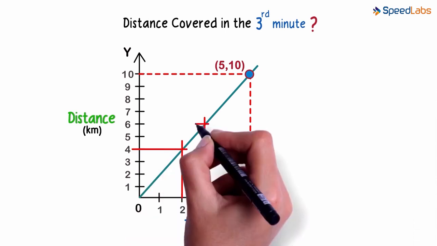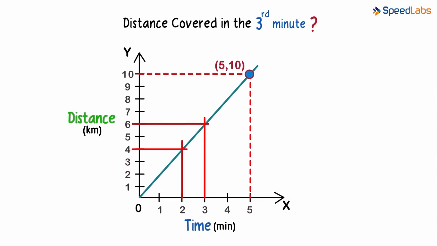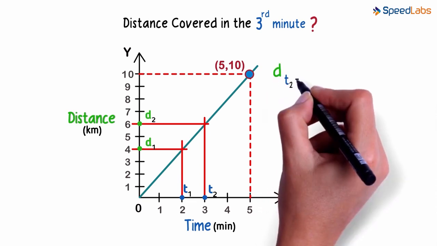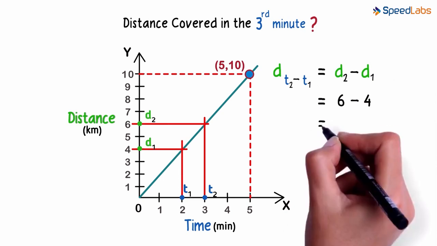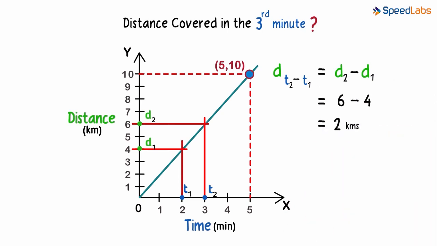Then we draw 2 lines parallel to the x-axis until they intersect the y-axis. Let's name these points T1 and T2, D1 and D2. The distance covered in time T2 minus T1 equals D2 minus D1. So what we get here is that the vehicle travelled 2 kilometers in the 3rd minute.